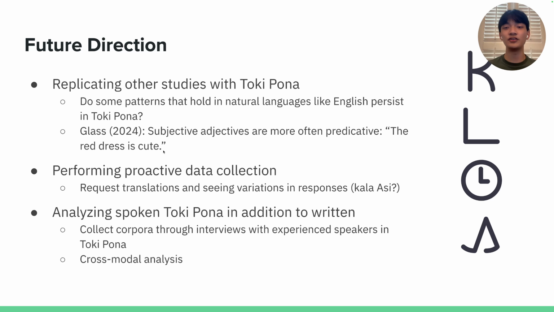So in the sentence, the red dress is cute, the red is a more objective quality that people can agree on, so it's more likely to modify a noun, but the word cute is more subjective. So you're more likely to say something is cute rather than say the cute dress is red. And it'd be really interesting to look at subjectivity in Toki Pona and see if that also mirrors the predicative versus attributive uses of these words.